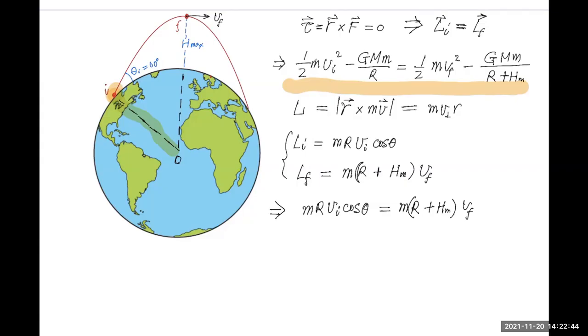And if you draw a line perpendicular to that, that will be the horizontal direction, and you break down this V initial into that direction. So we're looking at the horizontal component of the initial velocity. That is V initial times cosine theta. Theta is equal to 60 degrees. So L initial, the initial value of the angular momentum of the object, is mr V initial cosine theta.